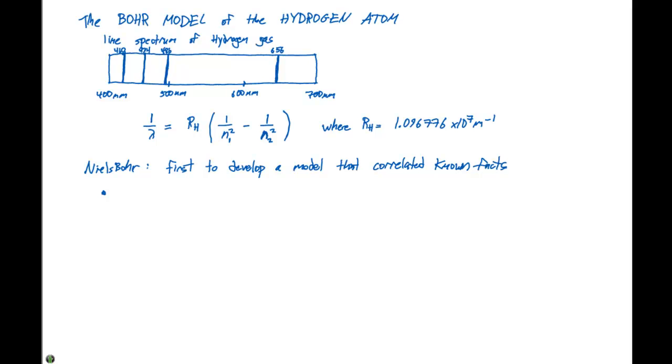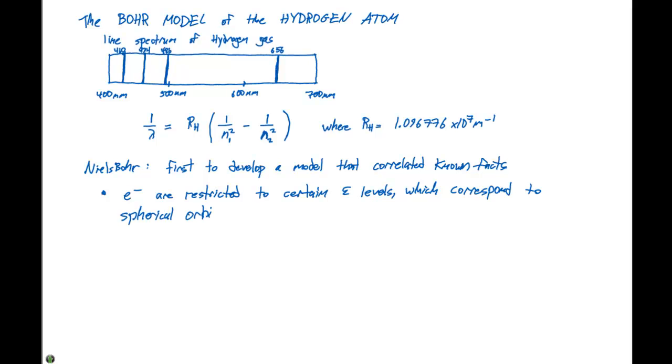The first thing that comes, a corollary that comes from his theory, is that electrons are restricted to certain energy levels which correspond to spherical orbitals about the nucleus.